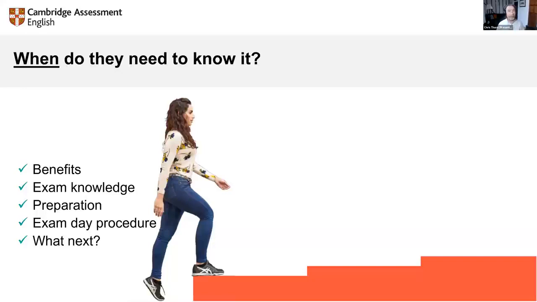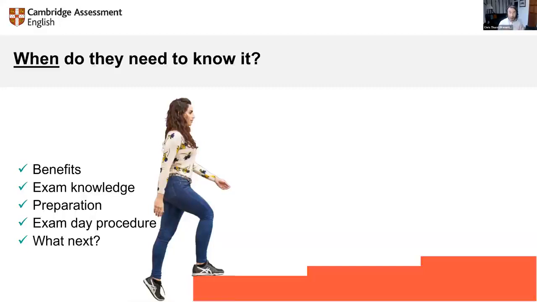They won't be able to remember it all, and that won't be a good use of anybody's time. So it's helpful if you can introduce information gradually, and if candidates have repeated opportunities to use it and to work with it, multiple times, in order to make it a part of what they do when they approach exam tasks.